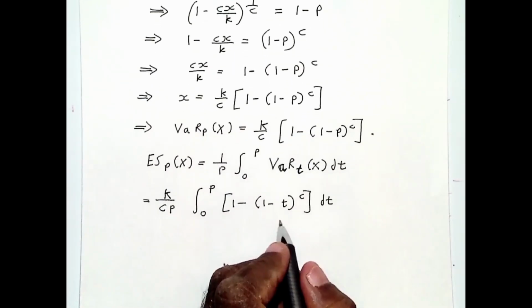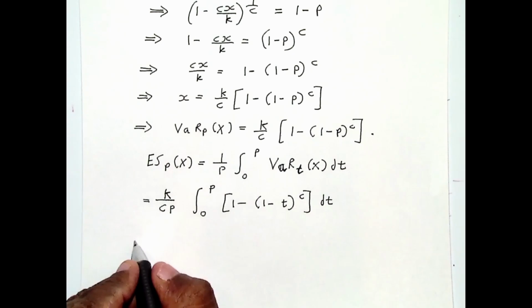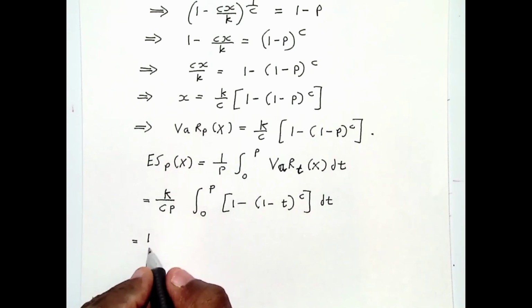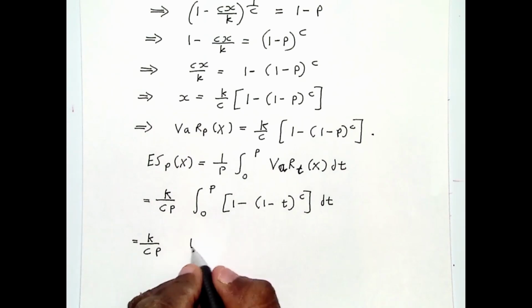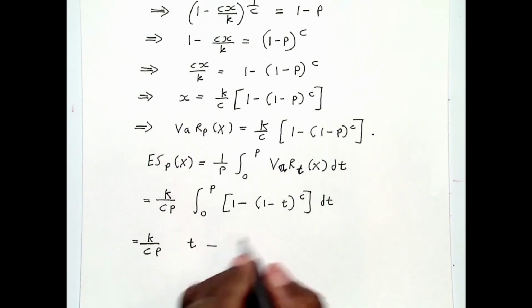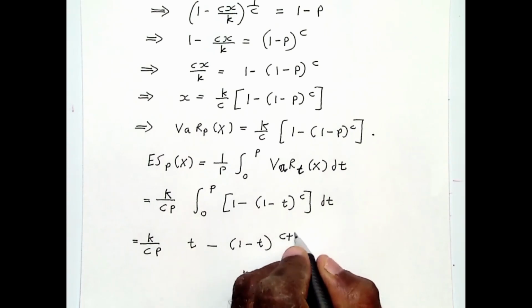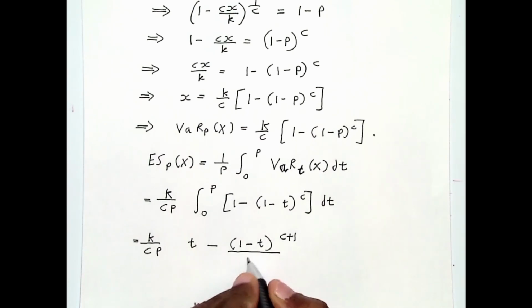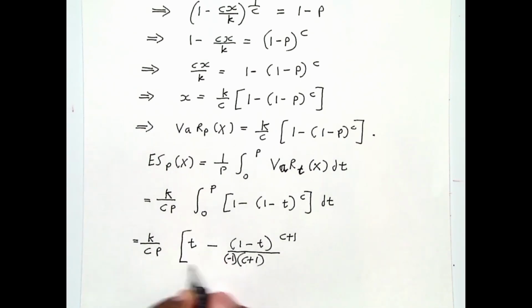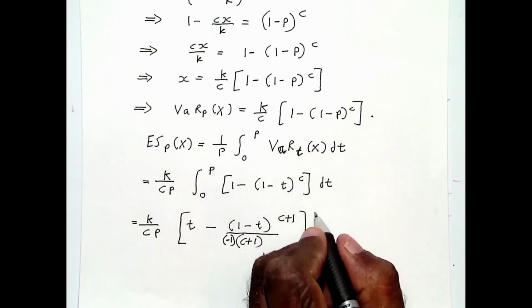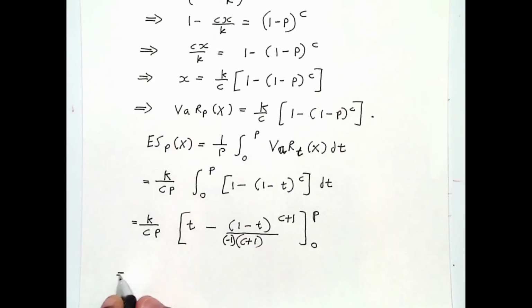And the integral of this is not difficult, so you get k by c over p times t, and the integral of this is (1 minus t) power c plus 1 times minus 1. You take the limits from 0 to p.